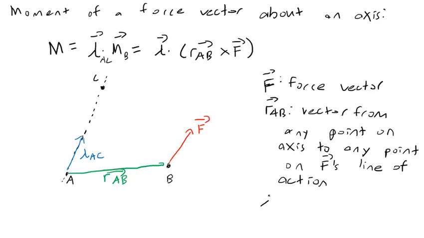And lambda AC would be the unit vector of the axis we are considering.